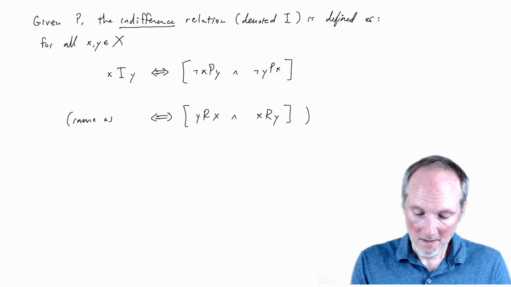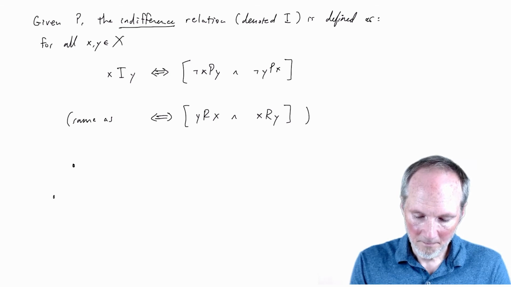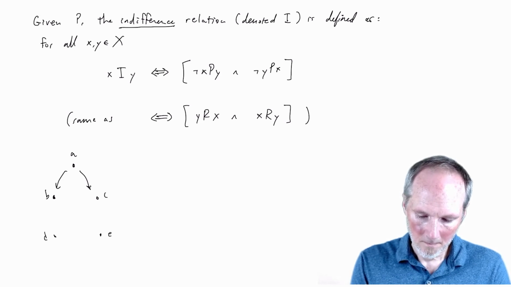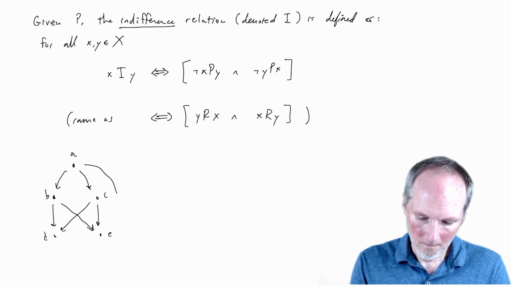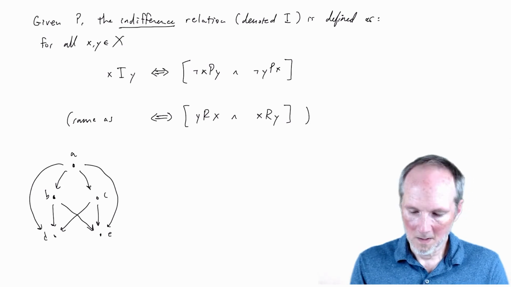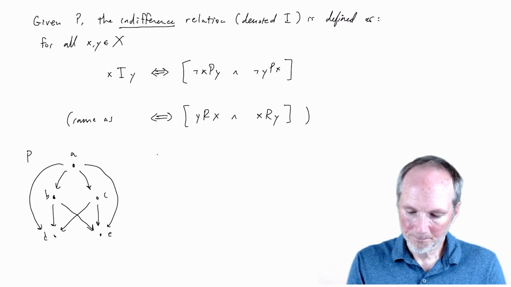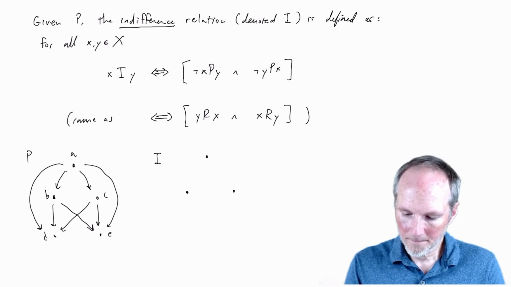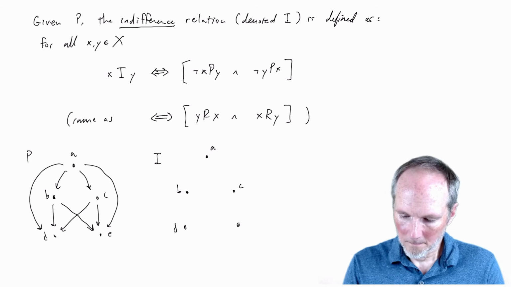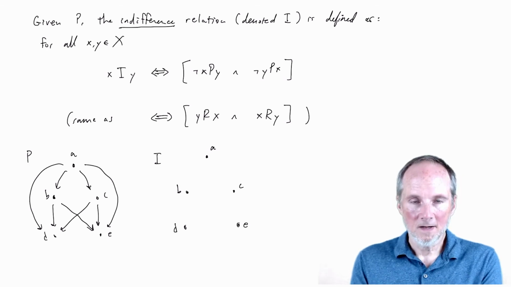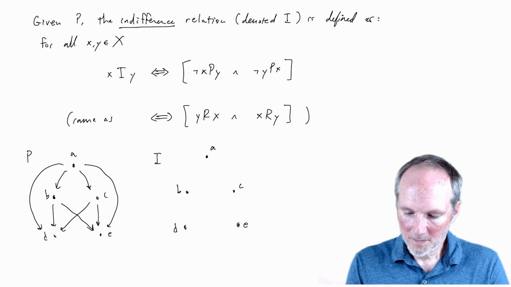Going back to our example, if this is our P, what does the indifference relation look like? Let's just take a pair of alternatives. How about B and C?